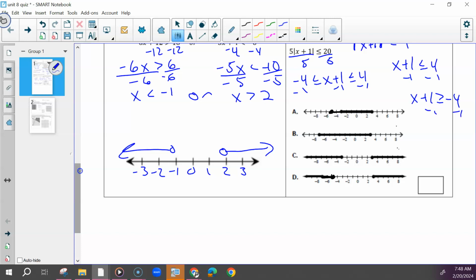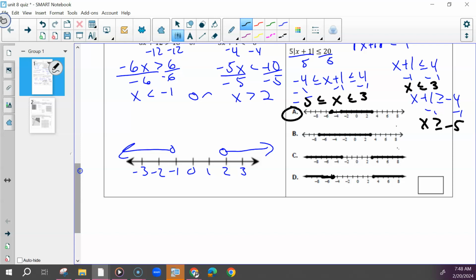However you solve this, your final answer needed to be condensed. So whether you wrote it like this to begin with, or wrote it like this at the end, you still would have had to write it in a condensed form. -5 is less than or equal to x, which is less than or equal to 3, which should have been a.